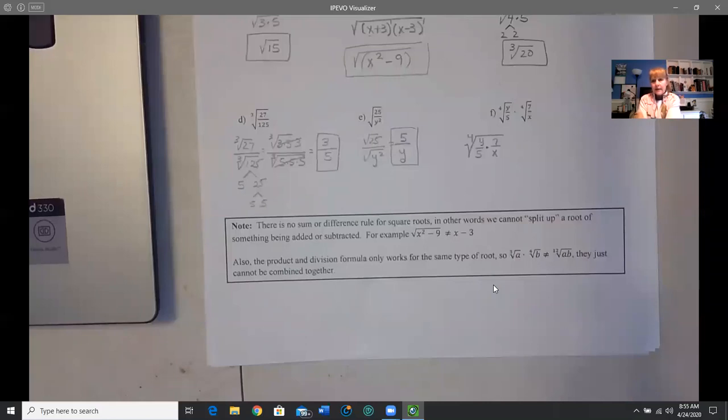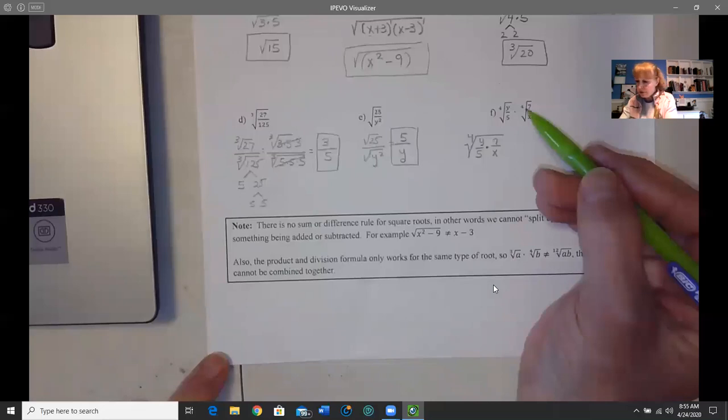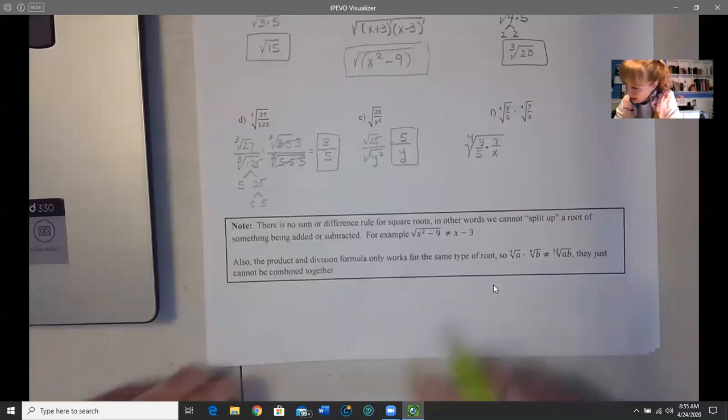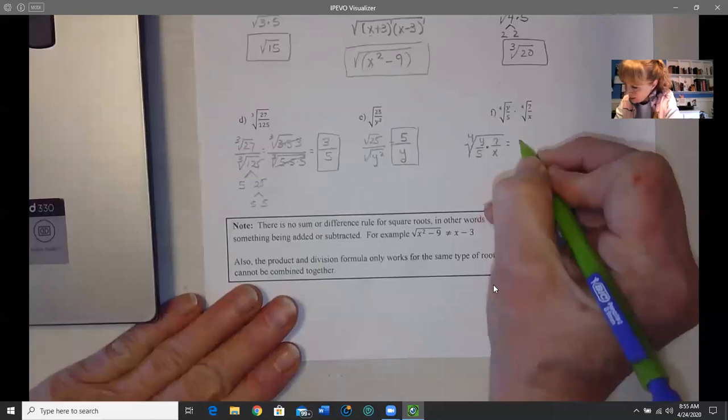And in this case, nothing will. So 7 and y will not reduce with a 5 or an x. So you can put them underneath the same radical and then try to reduce it. Well, since they don't reduce, I'm going to multiply across.